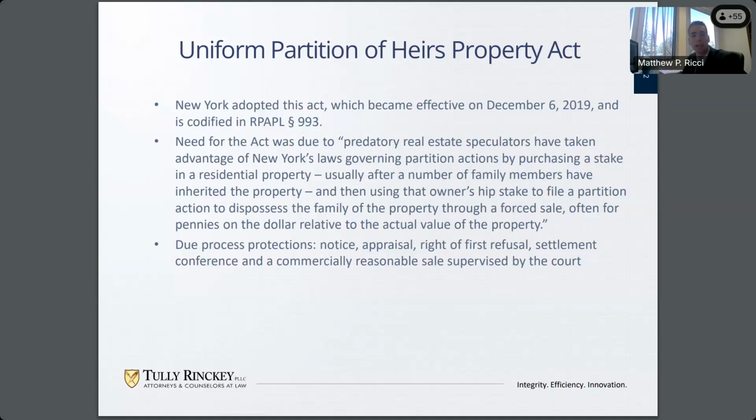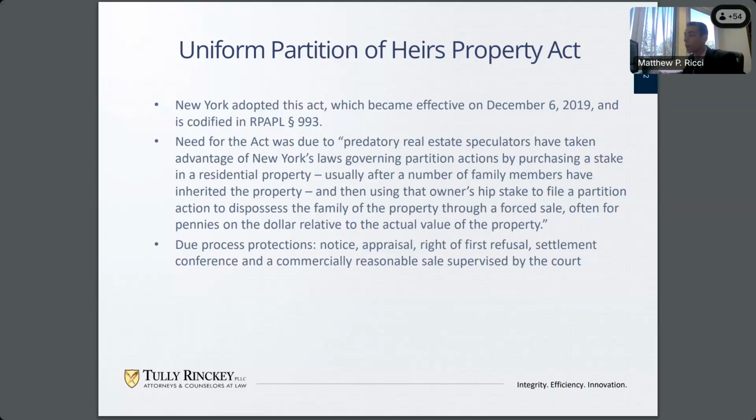Before this act was adopted, one sibling, if they were strapped on cash or for whatever other reason, could sell their interest to someone else, and then that someone else can then use that interest to petition the court and partition the sale of the property.